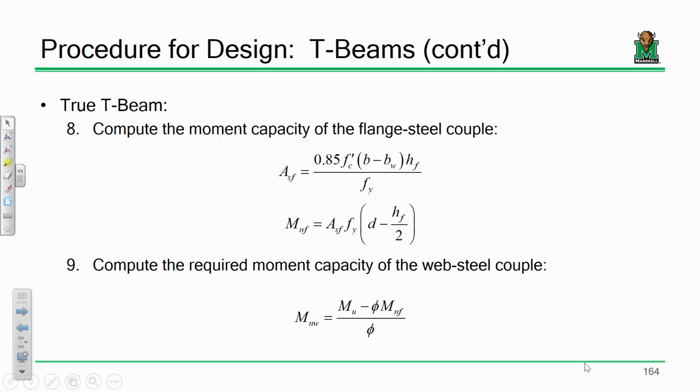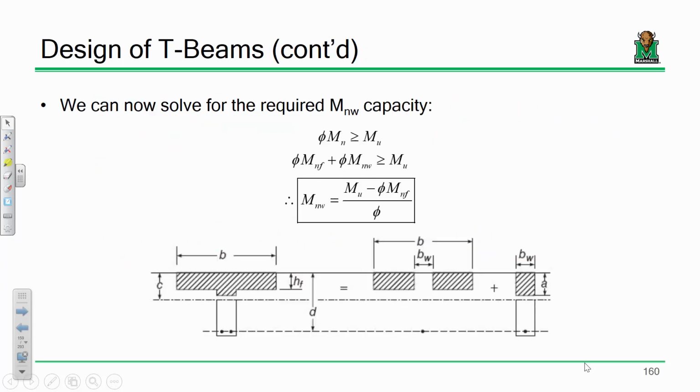If not, if we're dealing with a true T-beam, then it doesn't get harder, it just gets a little longer. Remember, when we're computing a true T-beam's capacity, we split it up into a flange couple and a web couple. So the first thing we do is figure out everything associated with the flange couple. If you recall, here's the flange couple and the web couple, and the flange couple, this one over here on the left, is completely independent of a. Because it's independent of a, it's actually completely independent of how much steel we put in the beam.